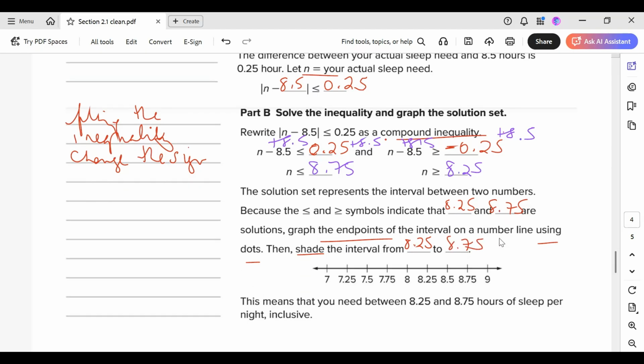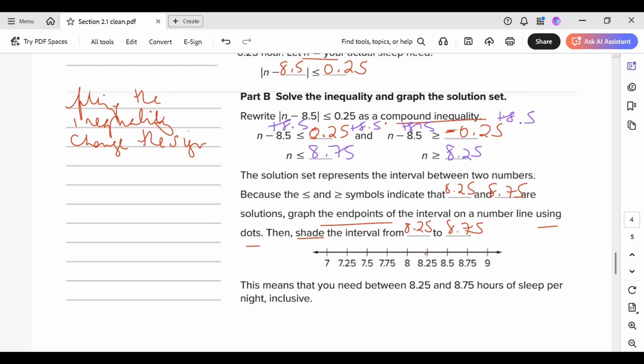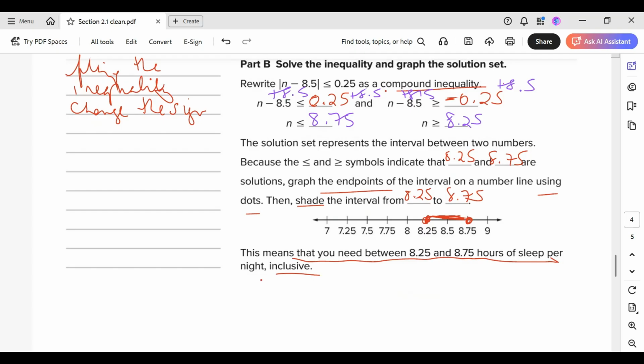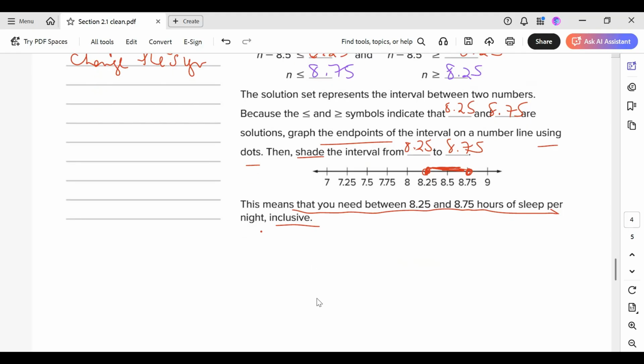So on our number line, we have a solid circle at 8.25, a solid circle at 8.75, and in between, which means any number in between these two, are inclusive. So any time frame between 8.25 hours and 8.75 hours is a solution to our problem.